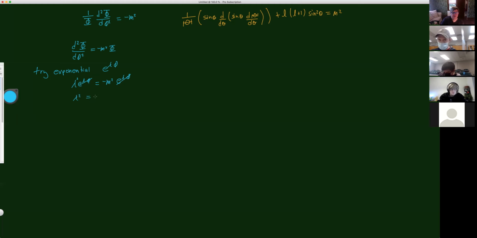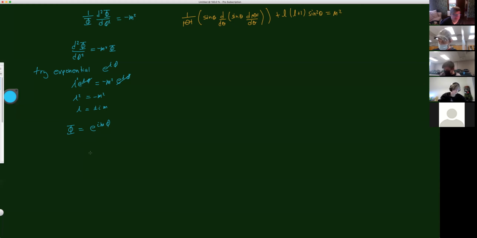So lambda squared is minus m squared, and therefore lambda is plus or minus i m. Well, in fact, we're going to incorporate the minus sign into the m. And so our solution for big phi is e to the i m phi.